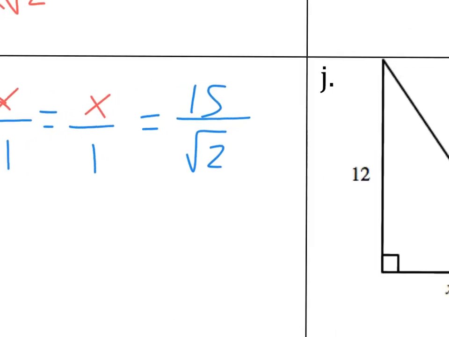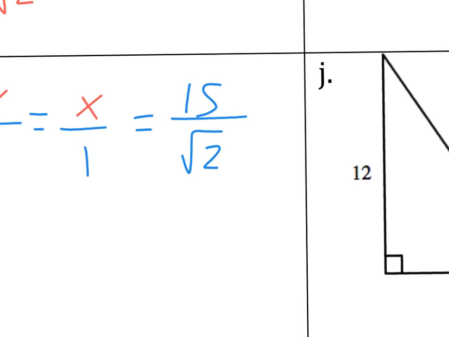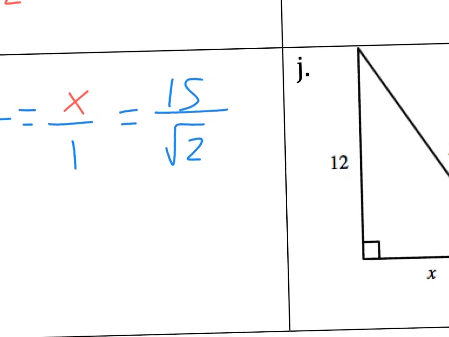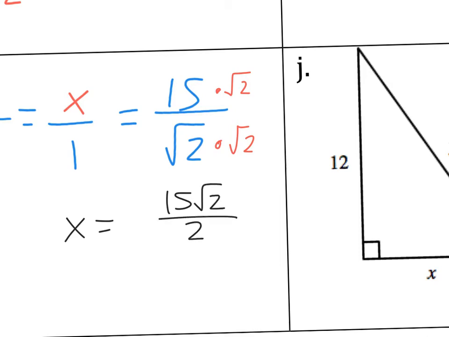So all I have to do now is rationalize this denominator here, by multiplying the numerator and denominator by radical 2. So bring down the x, 15 radical 2 over 2. Nothing else reduces. So that's my result.